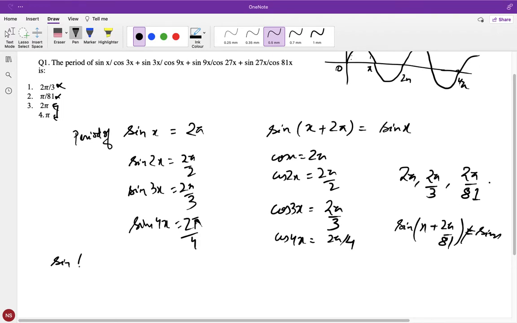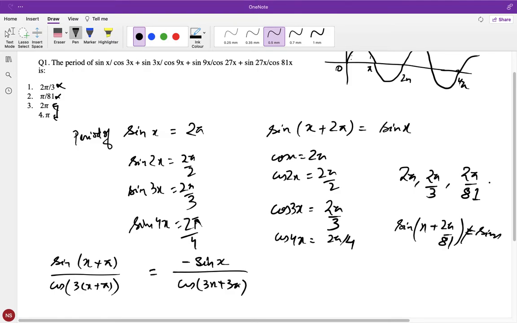If I do sin of x plus pi divided by cos of 3 into x plus pi, let us try to open the brackets. Sin of pi plus theta is minus sin theta. The denominator is cos of 3x plus 3 pi. 2 pi is the period for cosine, so if I write it as 2 pi plus pi plus 3x, cos of 2 pi plus theta is cos theta.